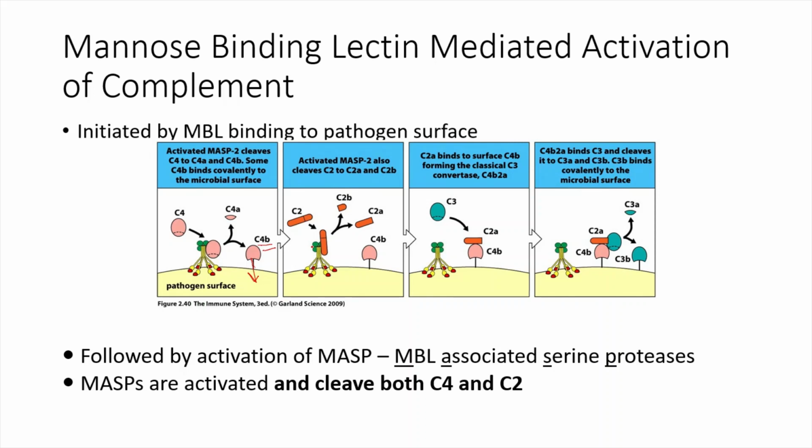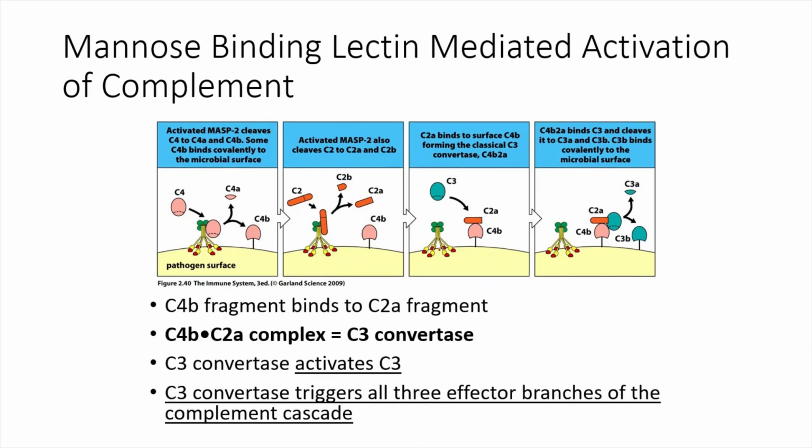MASP also cuts C2. This is a little different from the alternative pathway, so it does two jobs simultaneously. Once you cut it, you always have a bigger piece and a smaller piece, and the bigger piece interacts with C4b. After this interaction, you get a similar shape. I always try to be consistent with the shape.